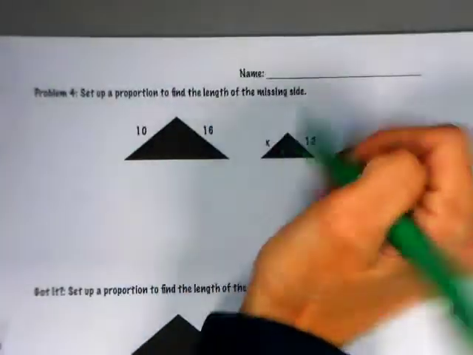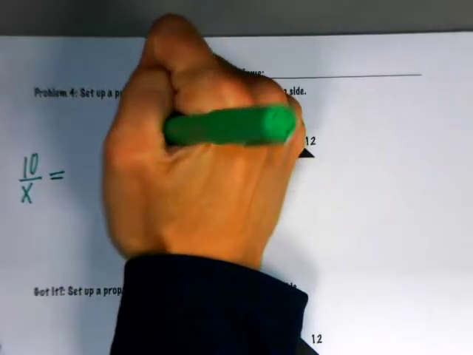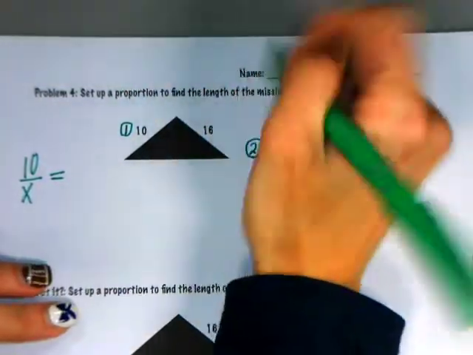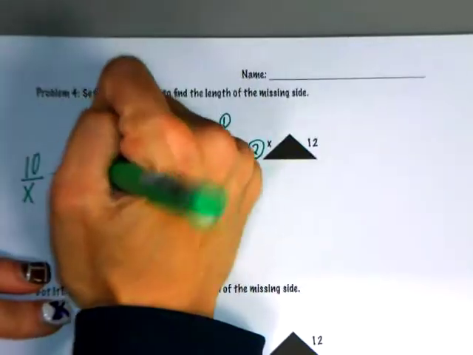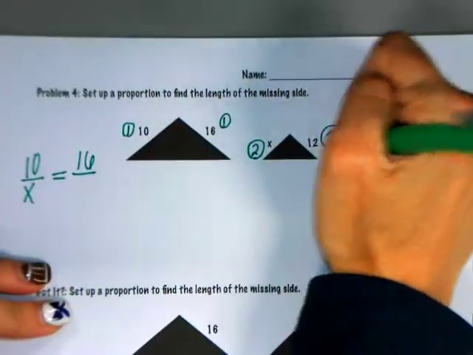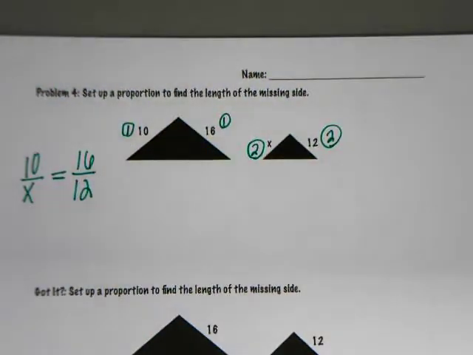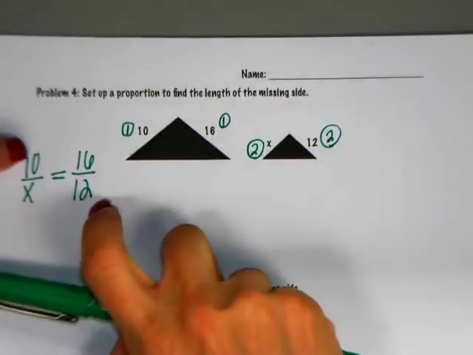That's what I'm going to do. So I'm going to do 10 over x equals, and then I'm going to do the same triangle to start with. So 16 over 12. If your instinct is to set it up differently, that's fine. The way that you're going to check if yours is also correct, your 16 and your x should be diagonal somehow.